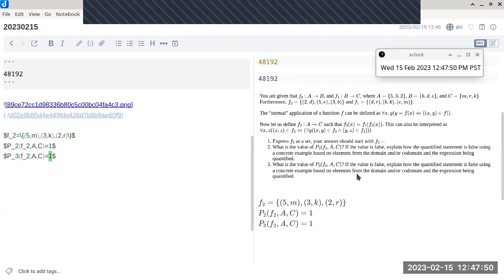Why is it only when a function is a bijection that we can have an inverse function? You have to ask yourself, what if it is not an injection? What's going to happen? And then you ask the other question, what if it's not a surjection? What's going to happen? If you just give yourself an example, you will find out really quickly, oh, that doesn't work. If the function itself is not an injection, even if it's a surjection, it's not going to work, because the inverse function now would have to have one element in the domain mapping to at least two elements in the codomain, which makes it not even a function.